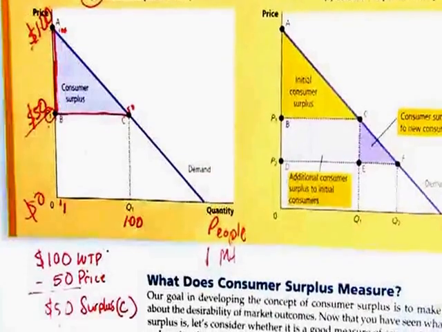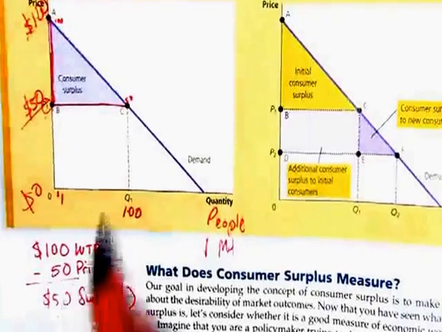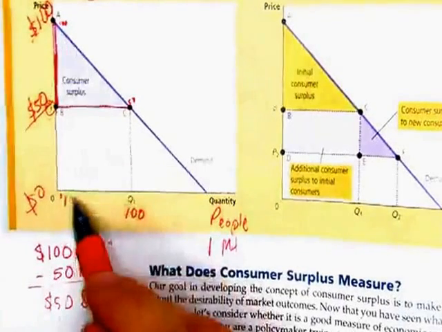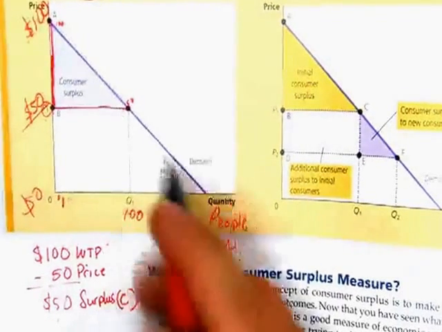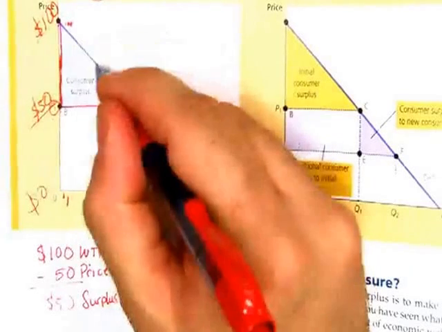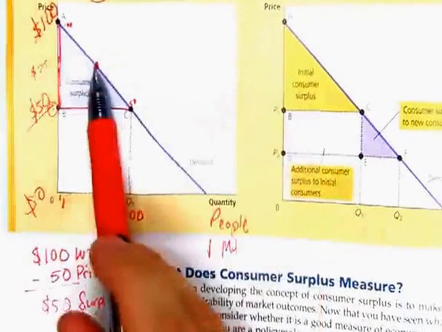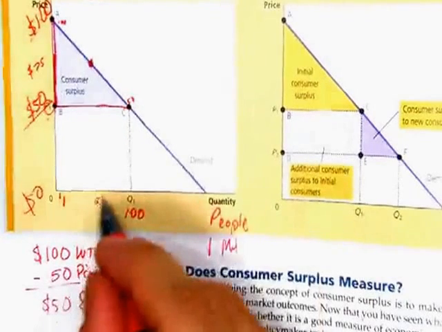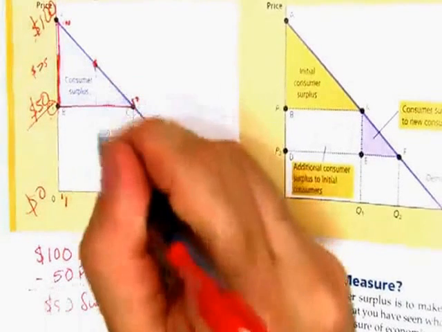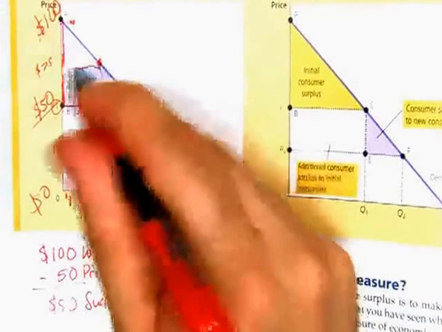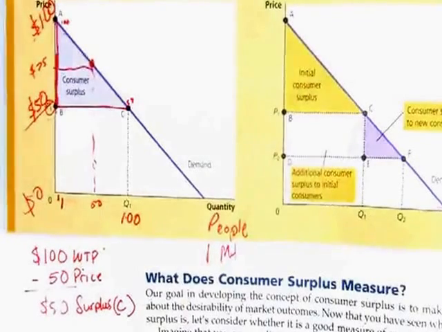Now if we do that for everybody, person number 2, 3, 4, all the way to 100 people, we get different values. Right here is the $75 mark. If we go right in the middle here, let's just say it's person number 50, because it all just lines up beautifully here. So we go all the way across, just like you're familiar with.